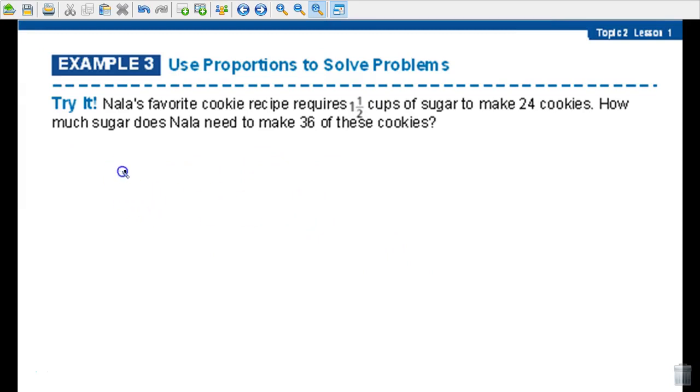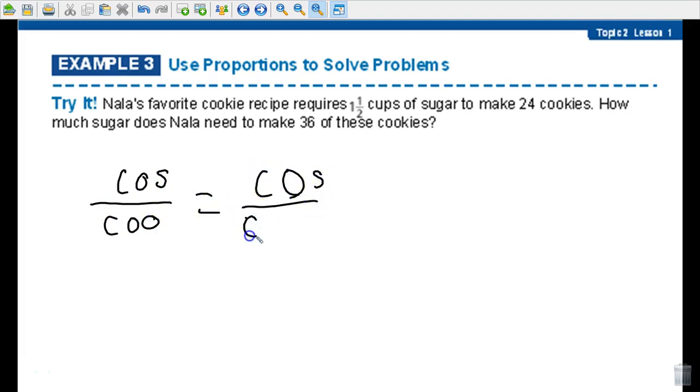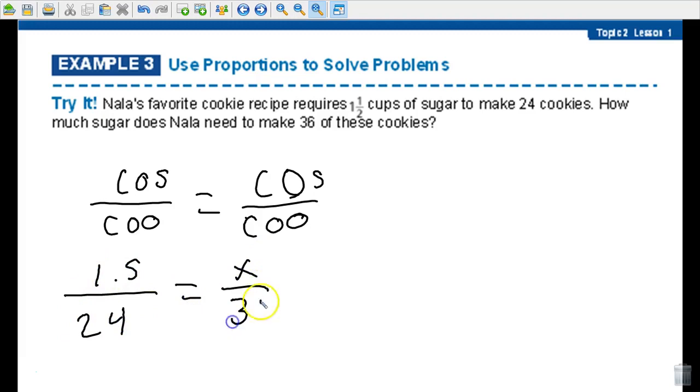Okay, so we get cups of sugar over cookies equals cups of sugar over cookies. So we get 1.5 over 24 because that's what it relates to. Then we get x over 36.